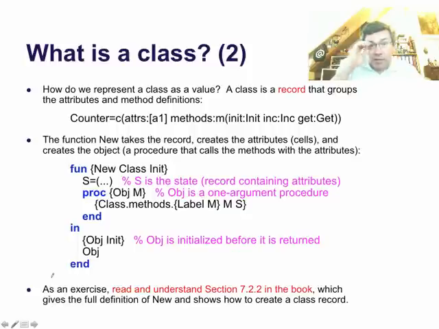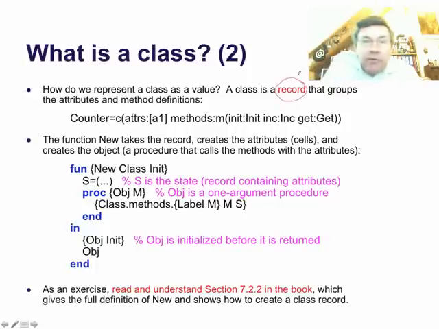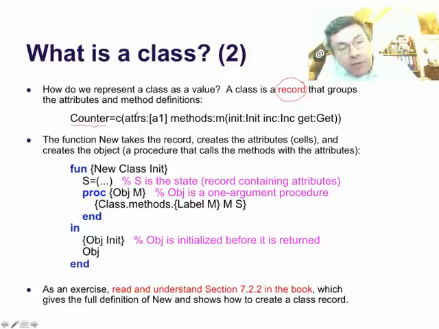So let's take a little closer look at how classes as values are actually represented. In fact, a class is a record, and this record groups the attributes and method definitions. So here, our class counter has a record with one field, which is the attributes, another field, which is the methods.